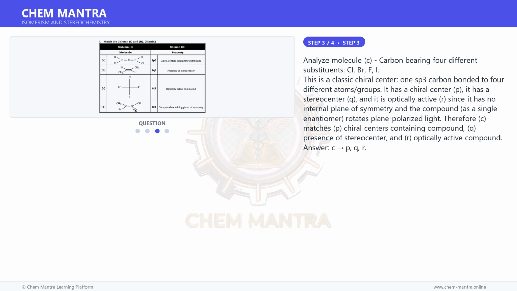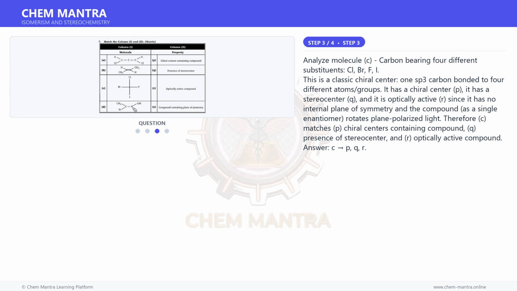Analyze molecule C: carbon bearing four different substituents, Cl, Br, F, I. This is a classic chiral center, one sp3 carbon bonded to four different atoms or groups. It has a chiral center, P; it has a stereocenter, Q; and it is optically active, R, since it has no internal plane of symmetry and the compound, as a single enantiomer, rotates plane polarized light.